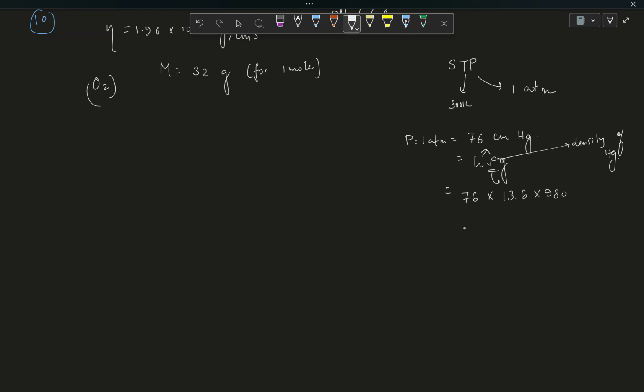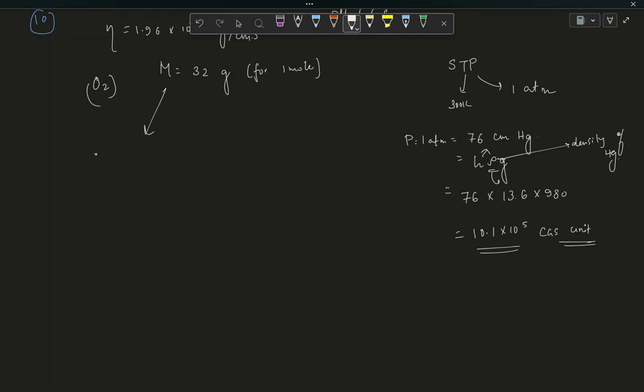So you are getting 10.1 into 10 to the power 5 in CGS units of pressure. Okay. Now again calculate the necessary parts.